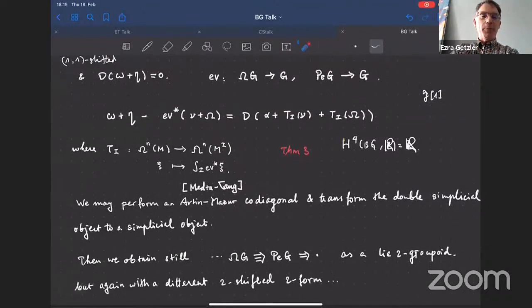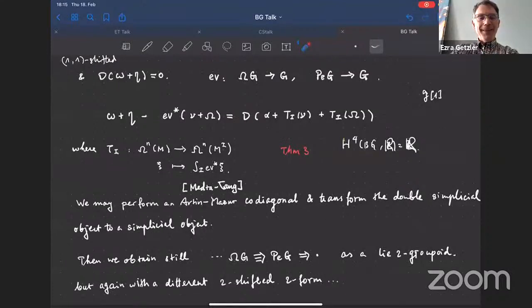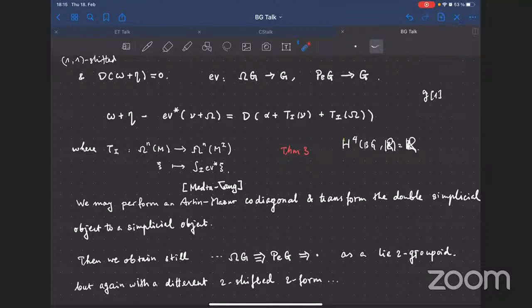In your case, does it produce something satisfying the Kan condition? Why does it happen to produce a solution of the Kan conditions in this case? That's my question. Oh, I don't know. We just calculated it.